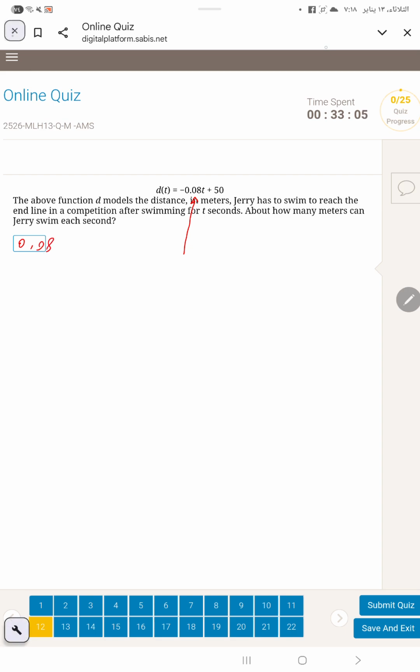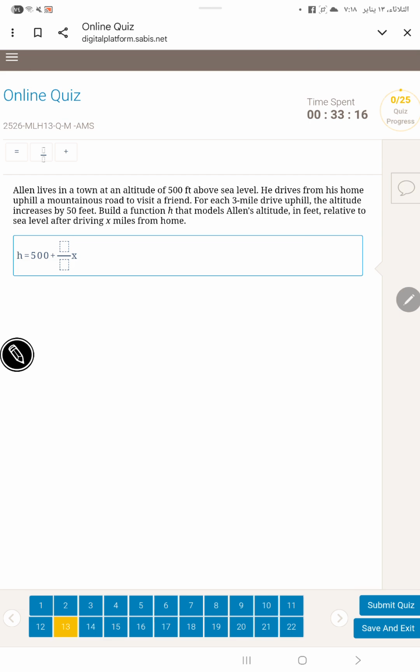Now, question number 13. Alan lives in a town at an altitude 500 meters above sea level. He drives from his home uphill a mountainous road to visit a friend. For each 3 mile drive uphill, the altitude increases by 50 feet. So that's the y. Altitude means the y.